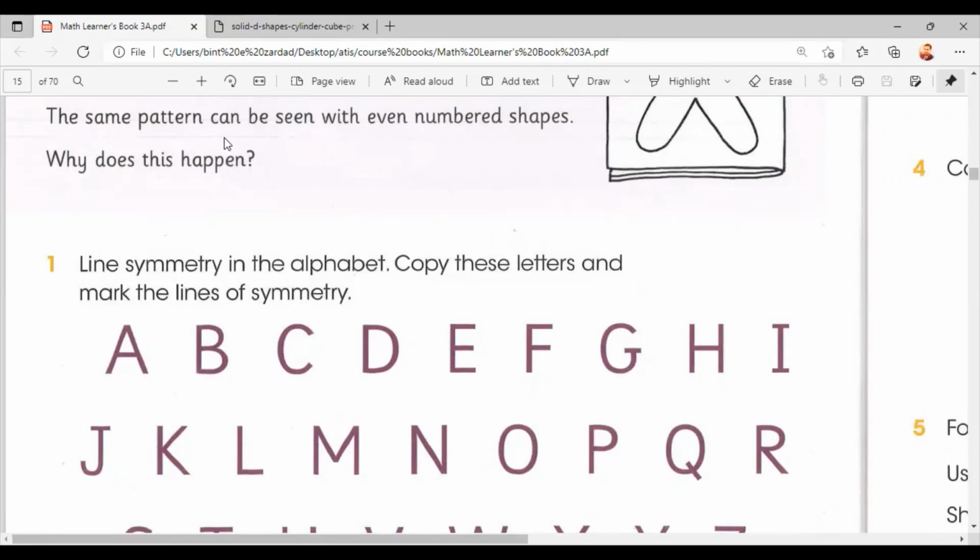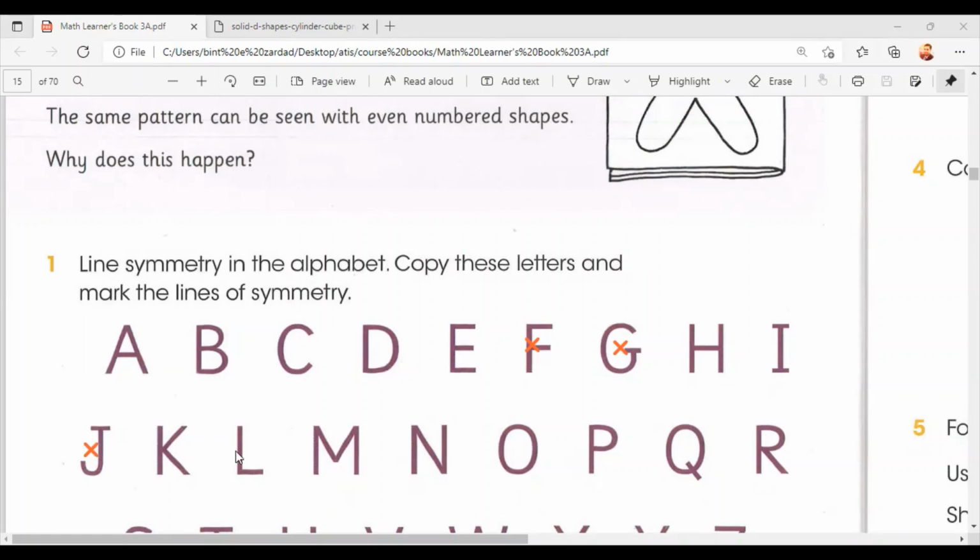So let's check here. A, we can make it. B, C, D, E, F: we cannot make a symmetric line. And G also we cannot divide into two equal parts. After this, J also we cannot make it. K, we can make. There is a line of symmetry.